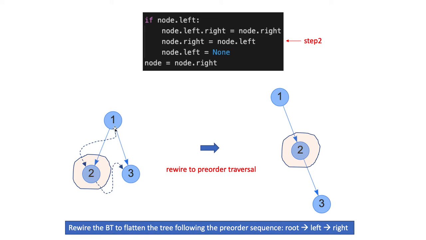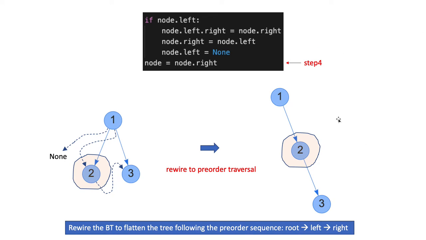Next, we want to have the right pointer point to this original left child. So now it becomes the right child, as in here. Finally, we know that the left pointer is still pointed to this new right child. So we'll fix it by having the left pointer to be none, as in here.